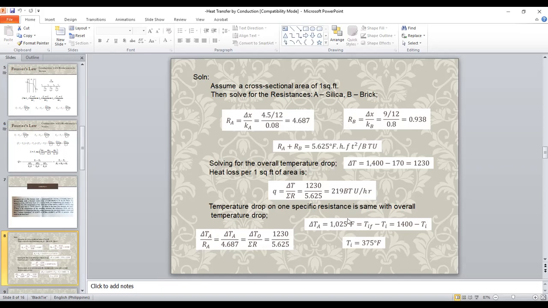This 1,025 should be equated to the inner face, which is 1,400, where you have the single-cell brick, minus the temperature of the boundary or the interface. So you have 375 for that. Let me go back to the question, class.